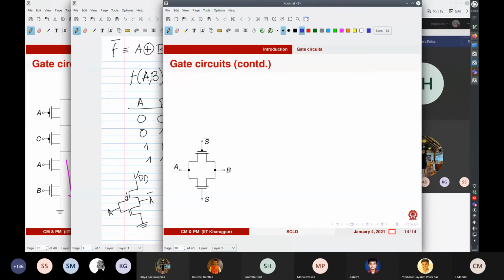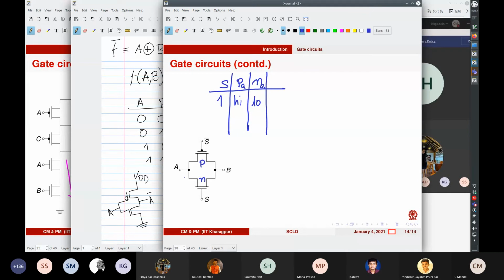So when S is 1, let us say S is high. Let us call this P, call this N, and let us consider the gate of the PMOS.